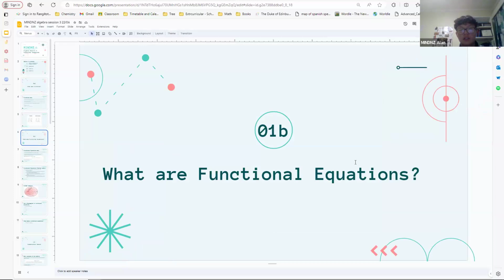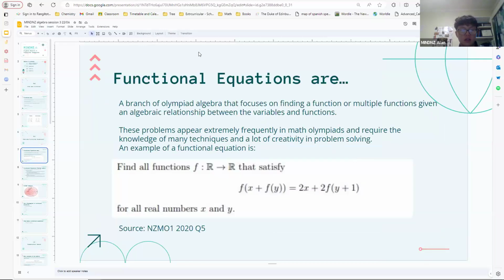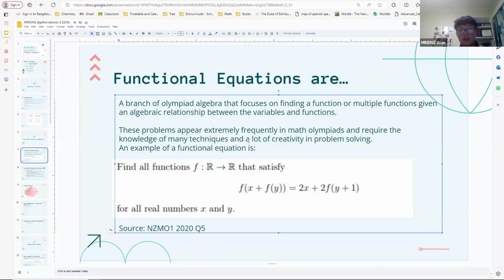Okay, so now what are functional equations? Functional equations are a branch of Olympiad algebra that basically creates a relationship between a function or multiple functions. These problems appear very frequently, such as in the NZMO and the British Math Olympiad, and require knowledge of many techniques, and you need to be very creative.